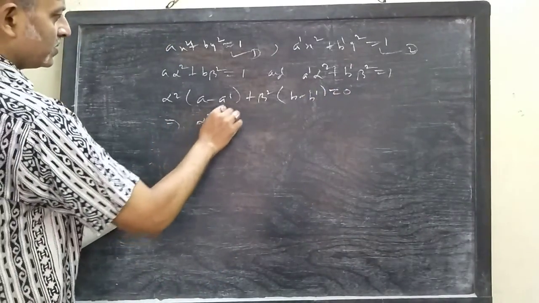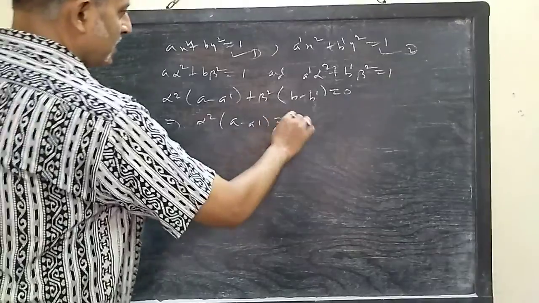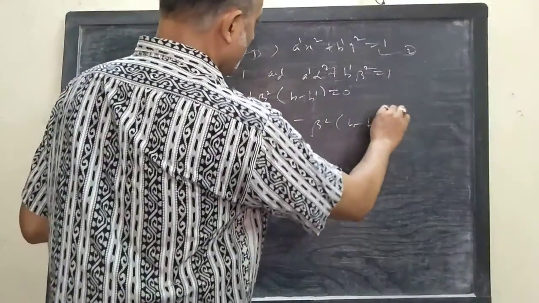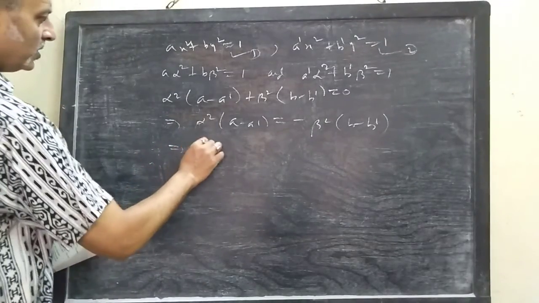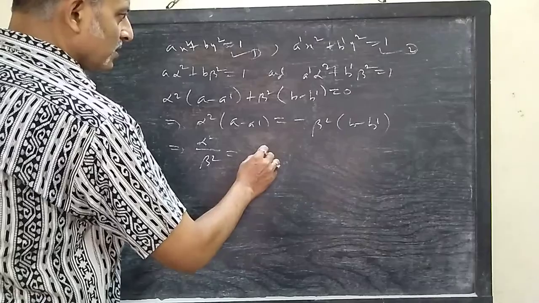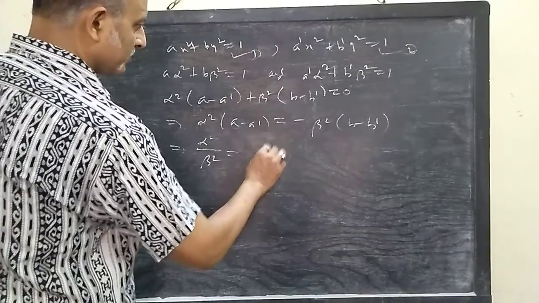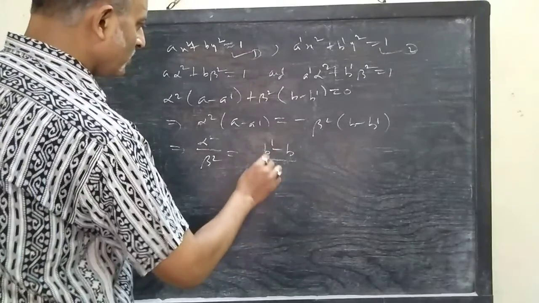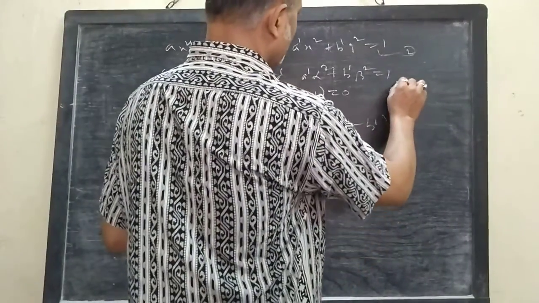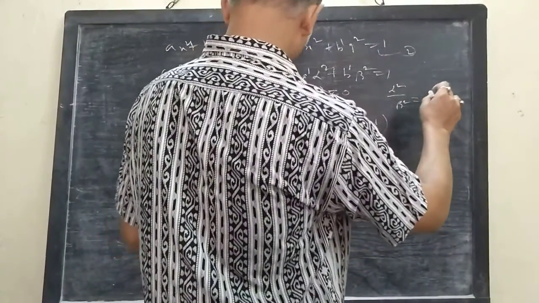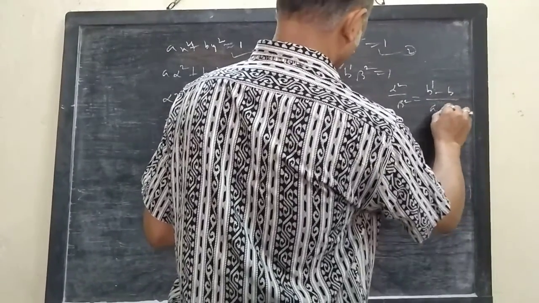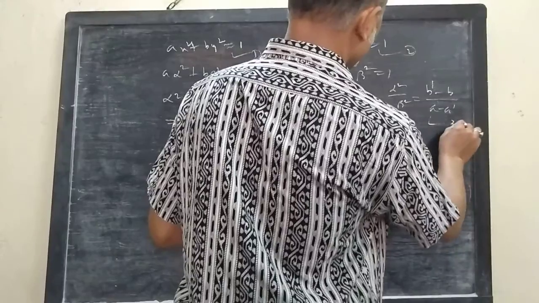That ultimately gives alpha square into (a minus a dash) equals minus beta square into (b minus b dash). So you get alpha square by beta square equals (b dash minus b) by (a minus a dash). I am writing this result here: alpha square by beta square equals (b dash minus b) by (a minus a dash). Say this is 3.